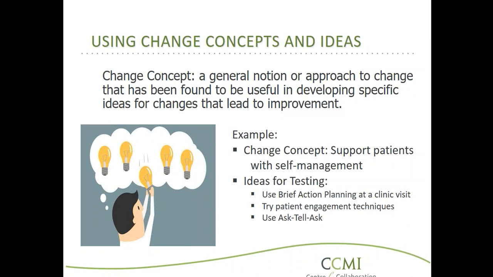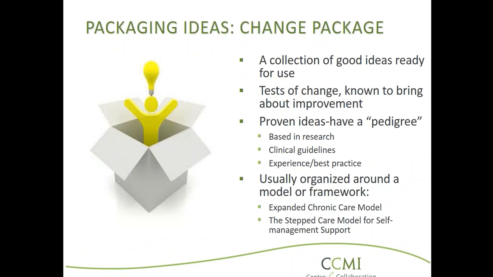So some of the ideas to test would be using brief action planning in a clinical visit, or trying patient engagement techniques, maybe using ask, tell, ask, which is a way of giving patients advice without forcing the advice on them, but actually engaging them in giving you permission to tell them what you know about, and asking them what they think about your information. So that's how we move from change concept down to ideas for testing.